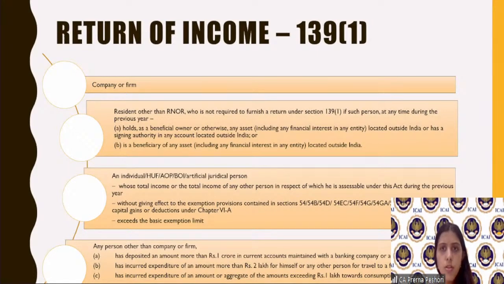Then the next question is, if A invested in Reliance shares and mutual fund units, then on dividend, Reliance will deduct TDS, while the mutual fund will also deduct TDS. Namita, mutual fund is separate, shares are separate. Mutual funds have underlying investments in shares.